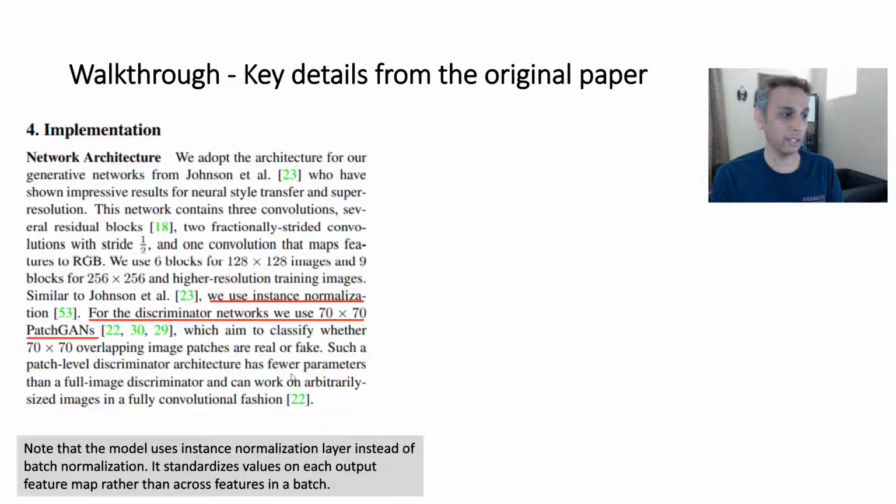That's the only difference here. So what's the difference? You can research what instance normalization is, but in summary, it standardizes values on each output feature map, rather than across features in a batch. That's the primary difference between instance normalization and batch normalization.